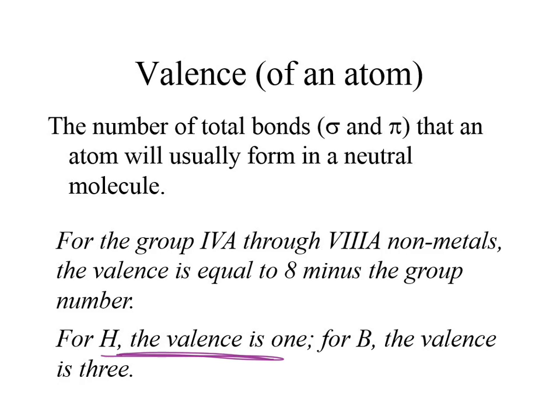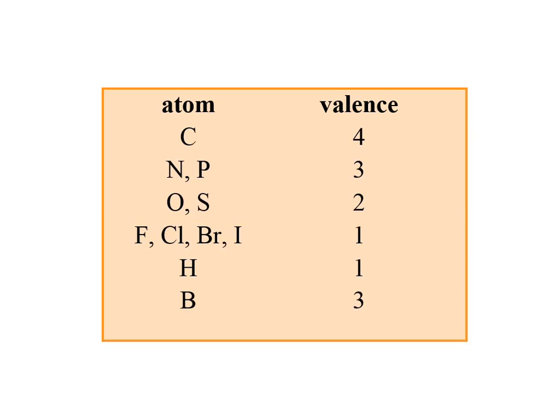If it's going to reach out, it can't be a pi bond, right? It's going to have to be a sigma bond, the primary bond. So you're only going to see hydrogen bond once. And boron is going to reach out 3 times. I don't do much with boron. If you want to put at the top of this, this is the number of sigma and pi bonds.